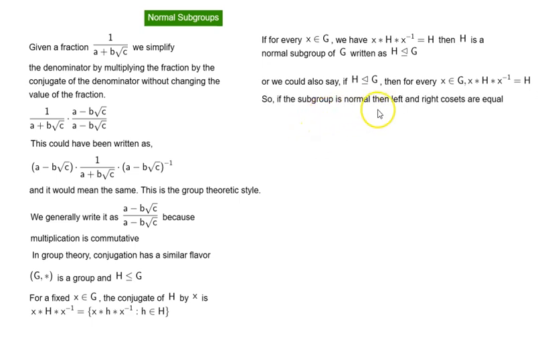So if the subgroup is normal, then left and right cosets are equal.